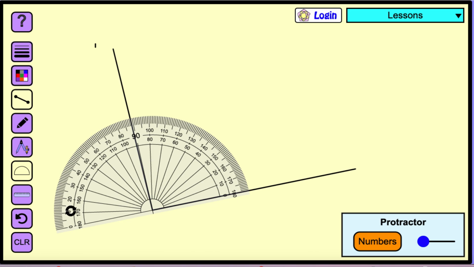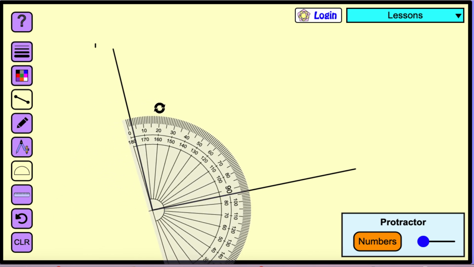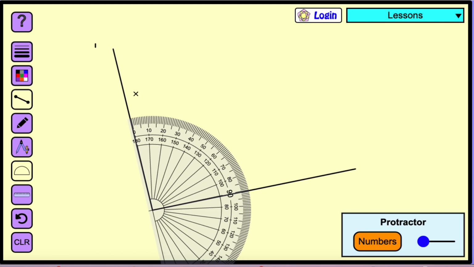And what if I start from there? It's still the same thing. You start from 0 here, then 10, 20, 30, 40, 50, 60, 70, 80, 90, and 1 more degree, 91 degrees. So you line up with the vertex and one side as 0 and count from there.